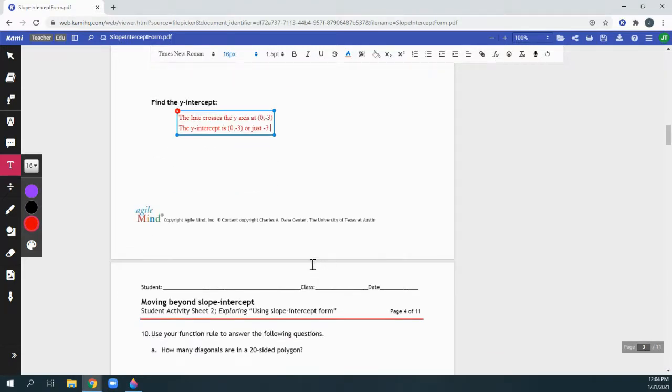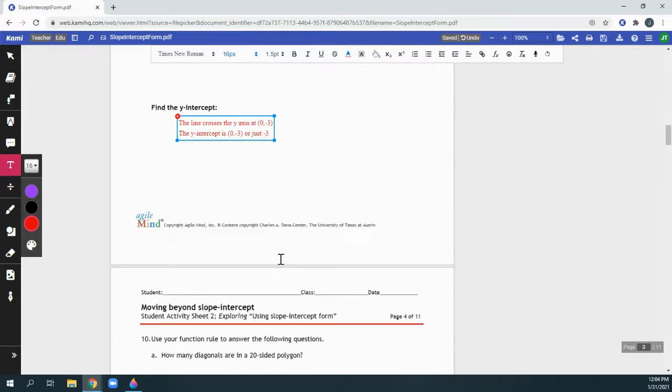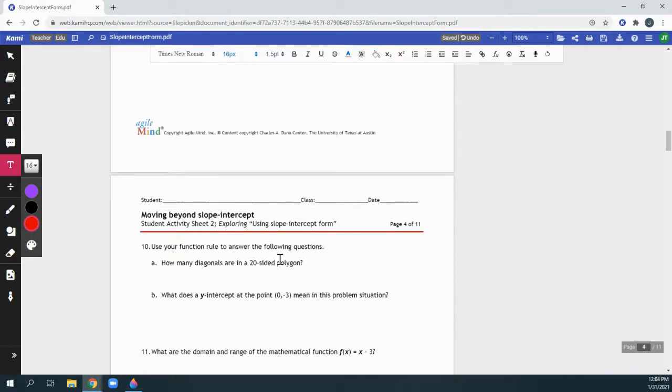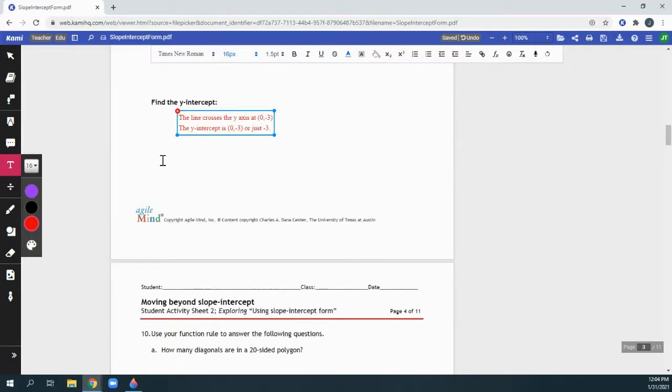So here's the thing. We're going to use y equals mx plus b now. I want you to understand this is a shortcut.